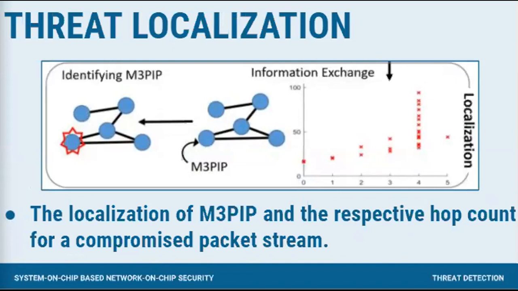Hop count, as I explained maybe in the second webinar, is the number of hops that a packet takes to go from the source to the destination. If the hop count is increased somewhere, then we can consider that place to be a malicious IP. That's a simple explanation. So threat localization can be done using the increase of hop count as well.